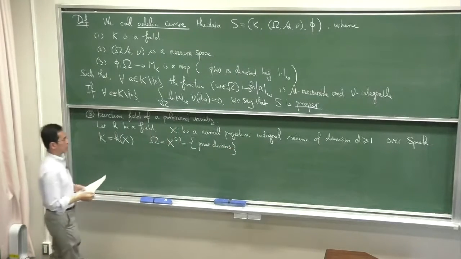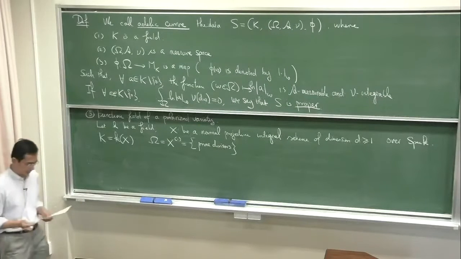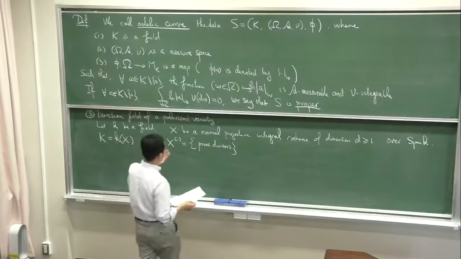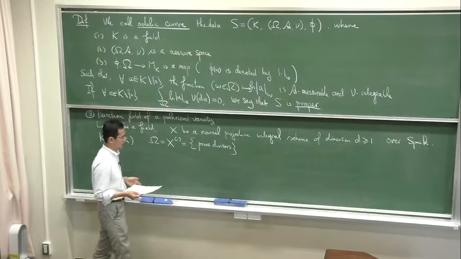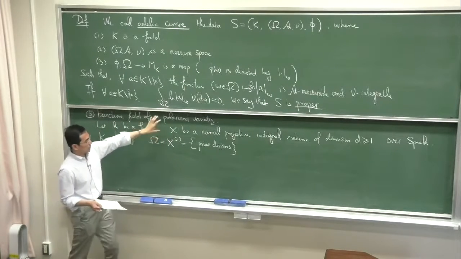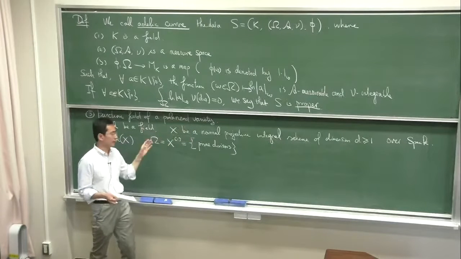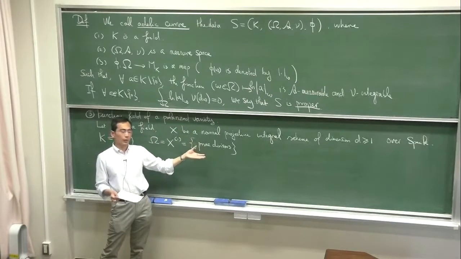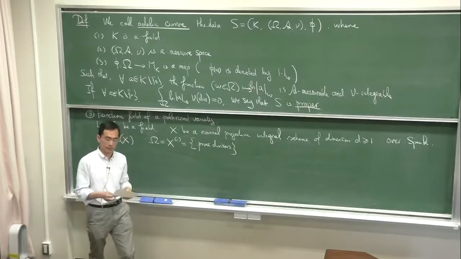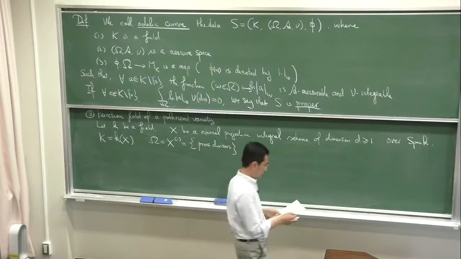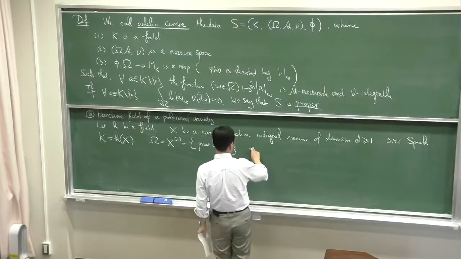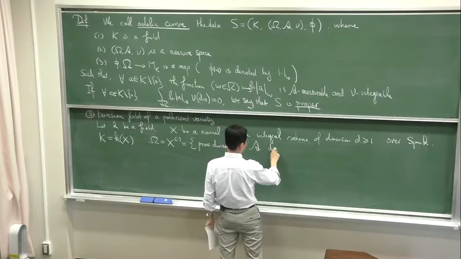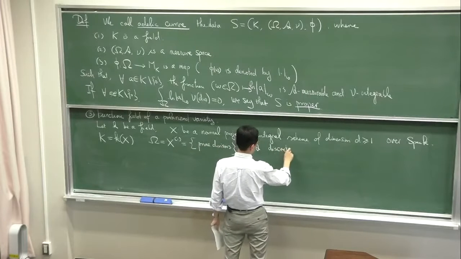Here I assume the scheme to be normal, so there is a correspondence between Cartier divisors and Weil divisors. In the curve case, you just consider the set of closed points in the curve. So A is the discrete sigma algebra.